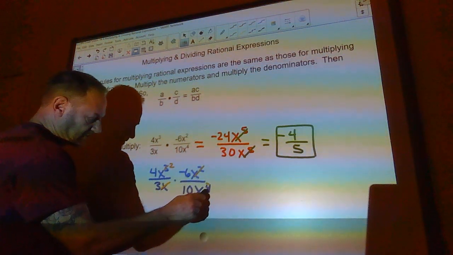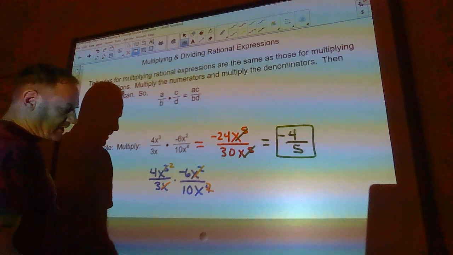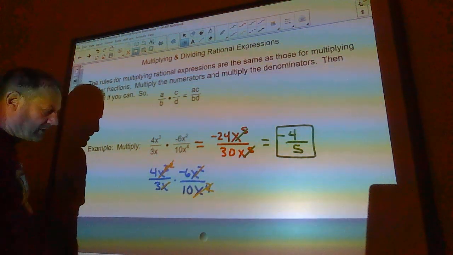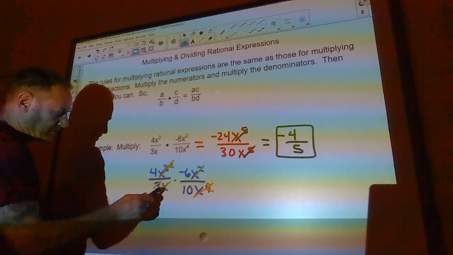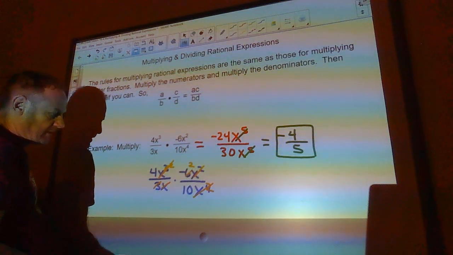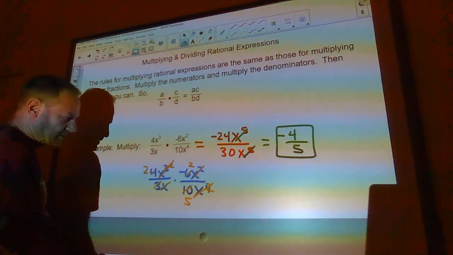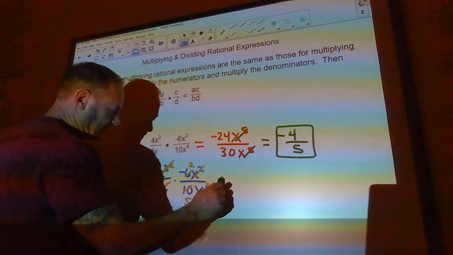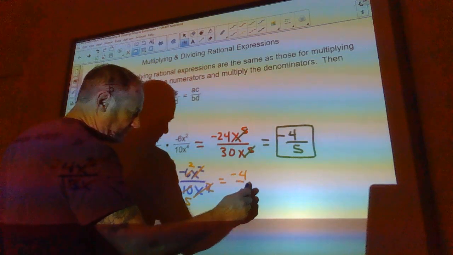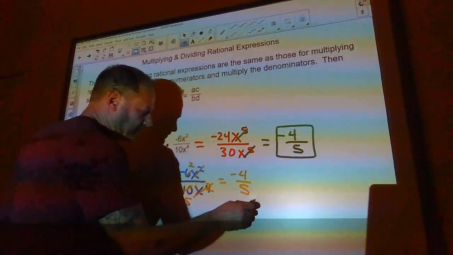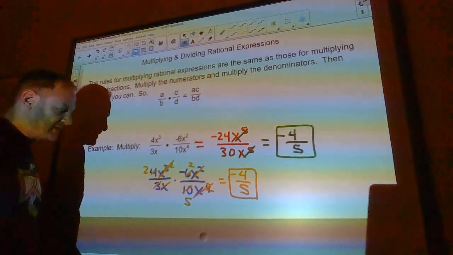Those two there will cancel 2 of those there. These 2 will cancel these 2 over here. So that's gone. 3 will go in here twice. And 2 will go in there twice, and 2 will go in there 5 times. And you multiply, and you're going to get negative 4 over 5 again. So it doesn't matter which way you do it. Whatever's easiest for you.